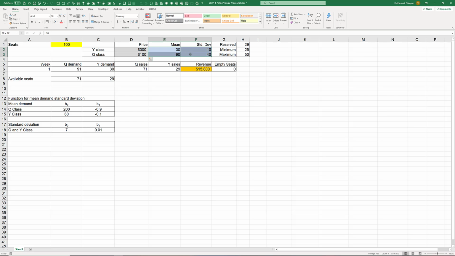Now these will be calculated cells, so no background color. The mean will be B sub 0 plus B sub 1 times the price.